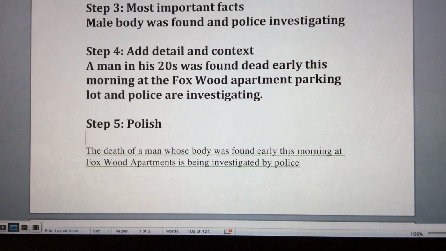And these steps, remember, I want you to use these steps in every story that you write, every exercise, anytime that you're coming up with a lead throughout this course, because the process is most important here.